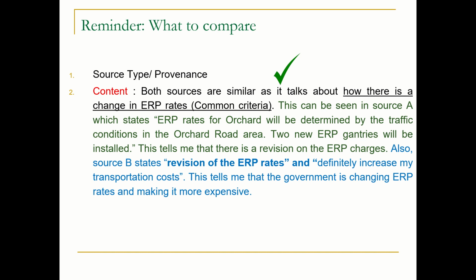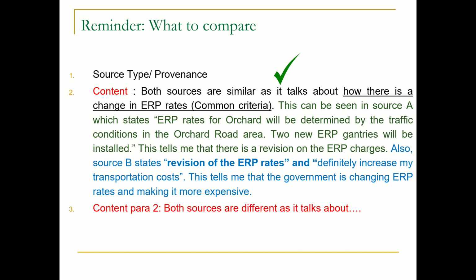Then I will quote evidence from source B. Then I'll explain source B. So essentially, if I were to cut out this paragraph and read it in isolation, it must flow. I must see how exactly the sources are similar. So this is where you need to make sure that there is a direct overlap between your evidences and your explanation clearly shows how the sources are talking about the same idea.